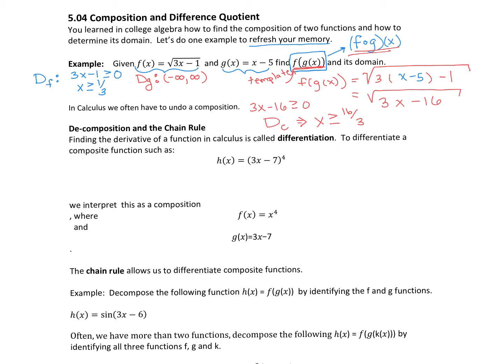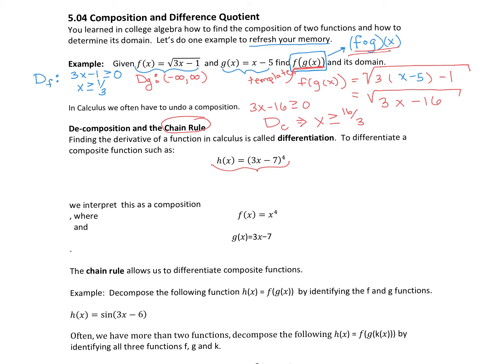All right, in calculus, we oftentimes decompose functions. In other words, we want to know what were the functions that it came from. What we use it for is something called the chain rule, and we have to be able to identify, looking at something like h of x equals (3x minus 7) to the 4th, the functions that it came from.